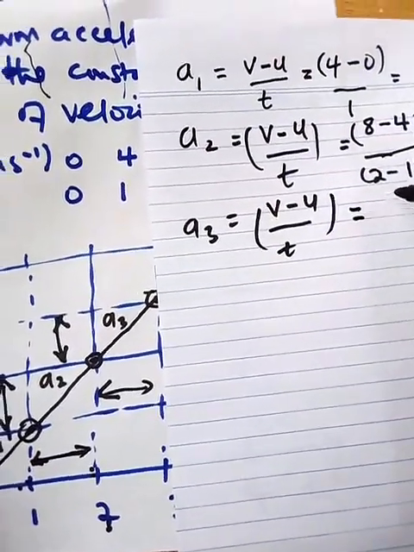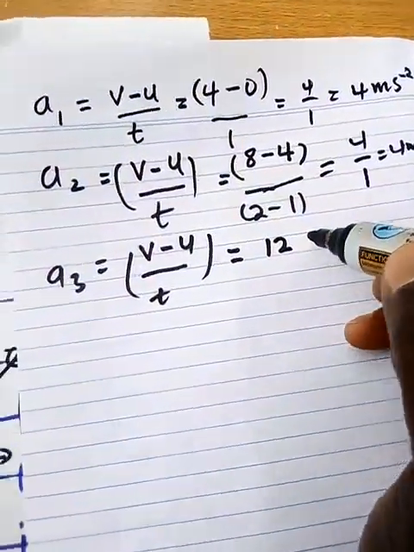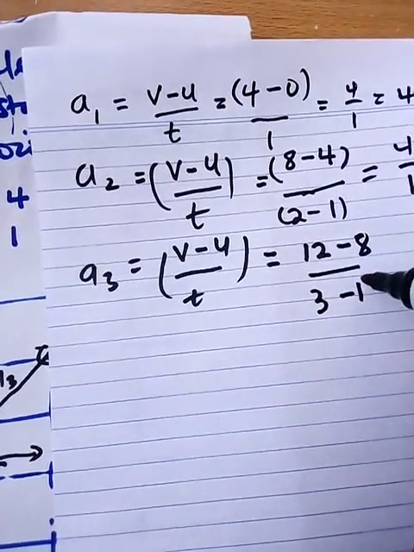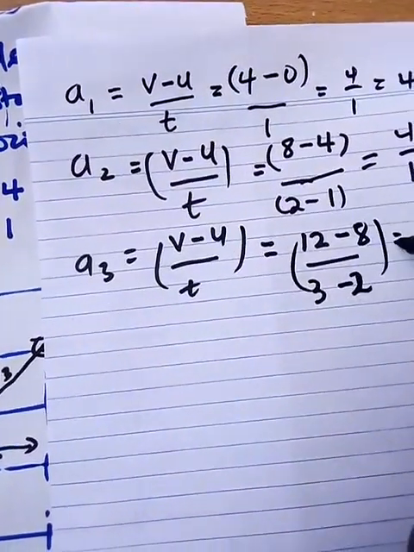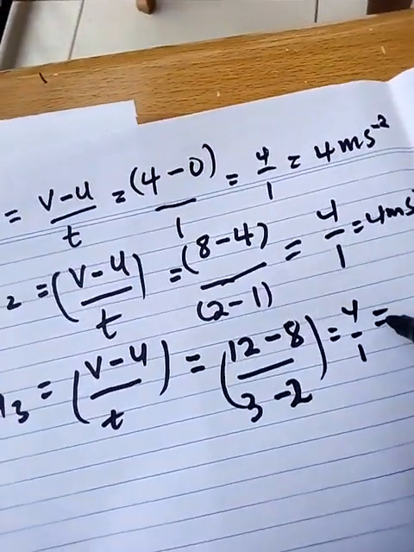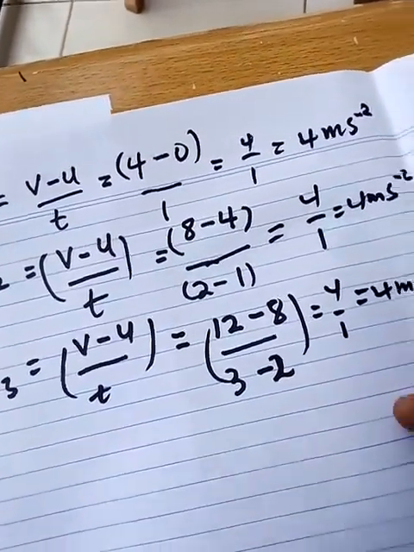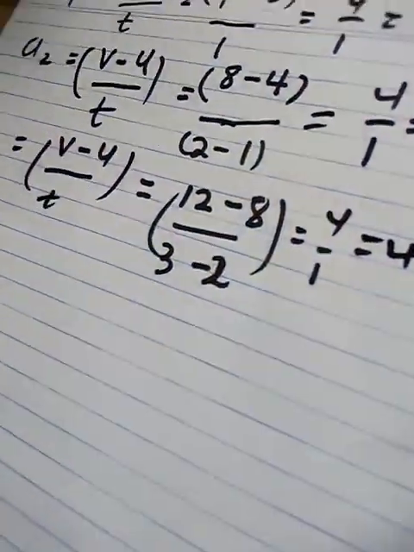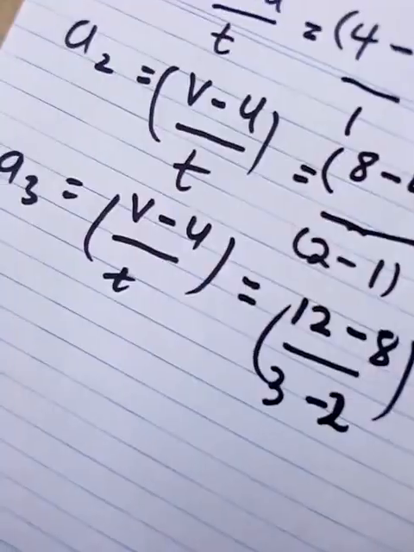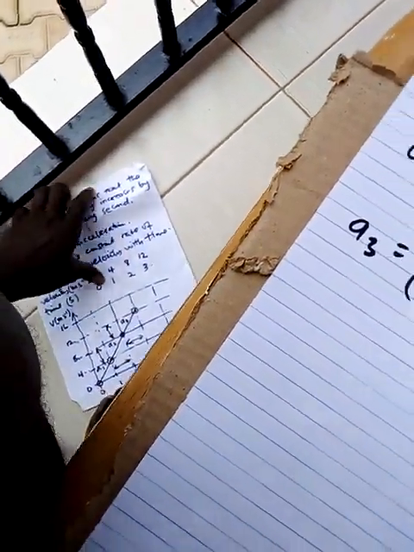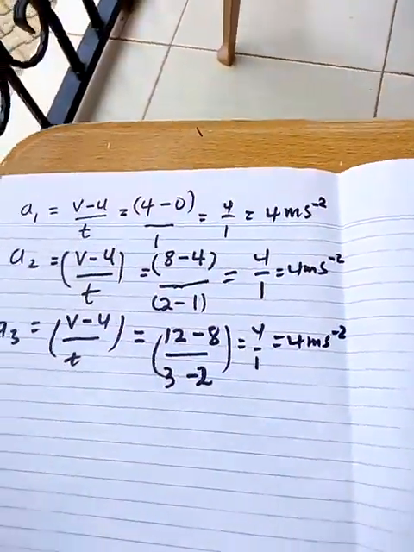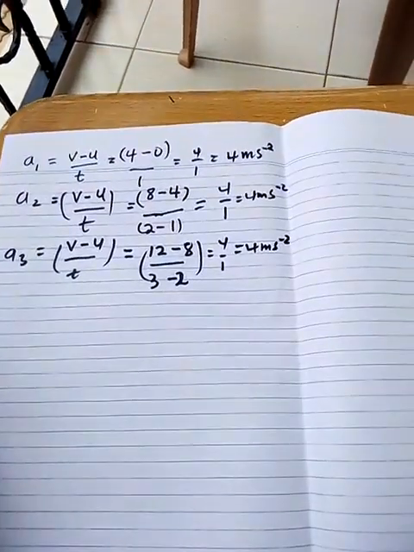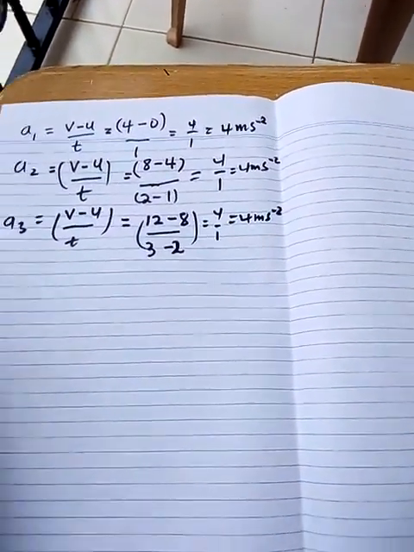The final velocity is 12, the initial velocity is 8, divided by time taken, which is 3 minus 2. That is 4 divided by 1, and this is also 4 meters per second squared. Same acceleration throughout.